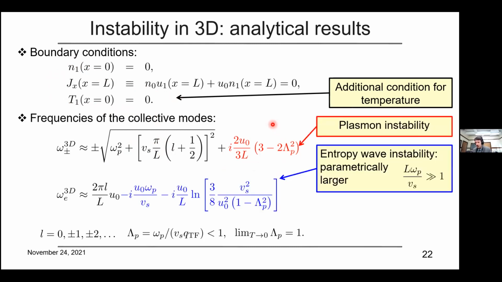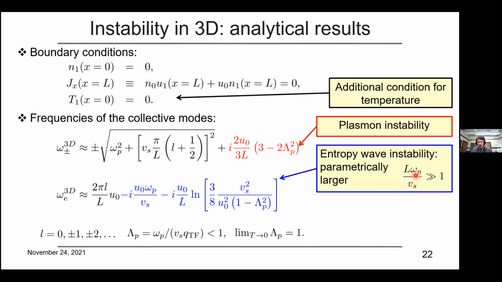However, we also found that the entropy wave becomes unstable. The entropy wave becomes unstable with an instability parameter which is even parametrically larger than that for plasmons. Indeed, by comparing these two terms, we found that the instability parameter for the entropy wave is determined by this factor, which is usually large, since the plasma velocity is quite large for doped Weyl semimetals.